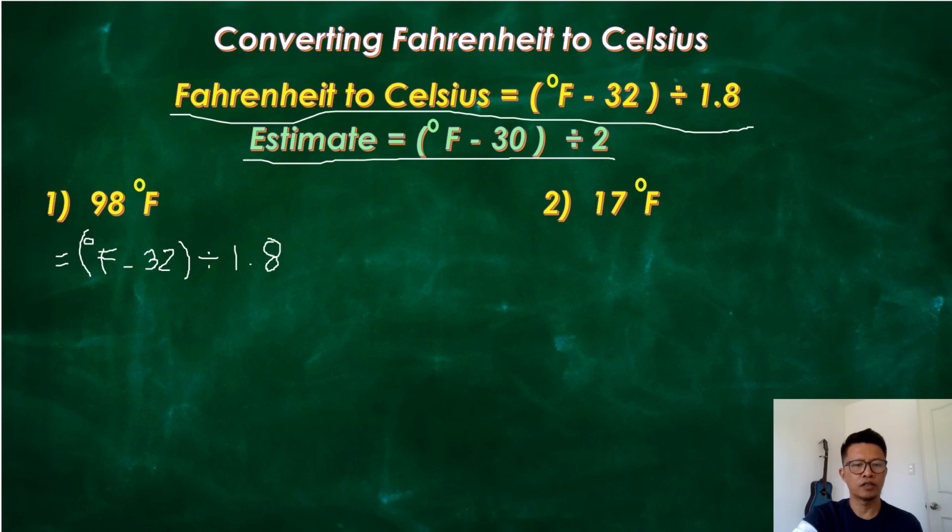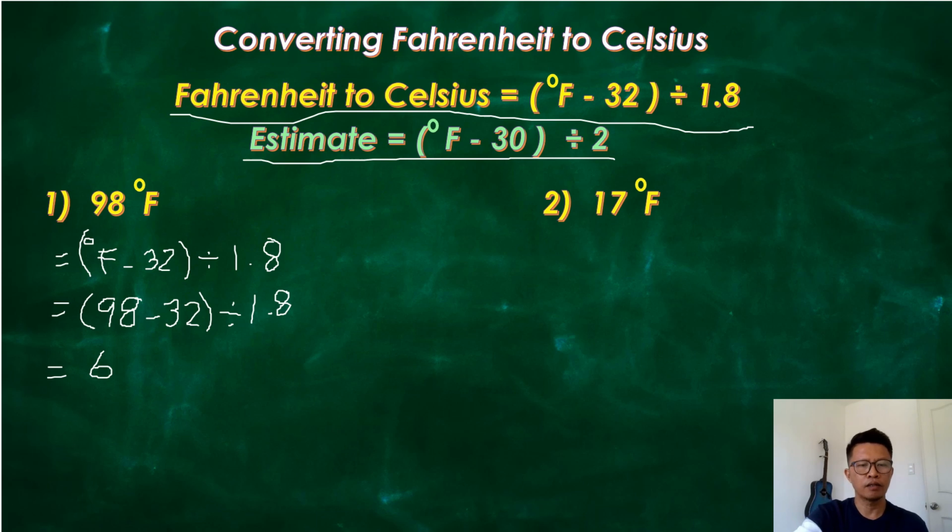Okay, so that is equal to 98 minus 32 divided by 1.8. 98 minus 32, that will give us an answer of 66. So we have 66 divided by 1.8. That will give us an answer of 36.66 degree Celsius.